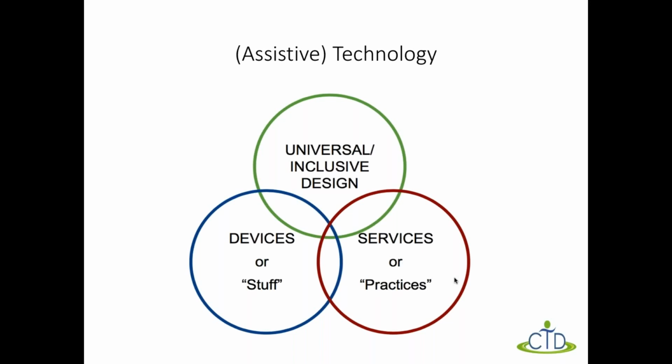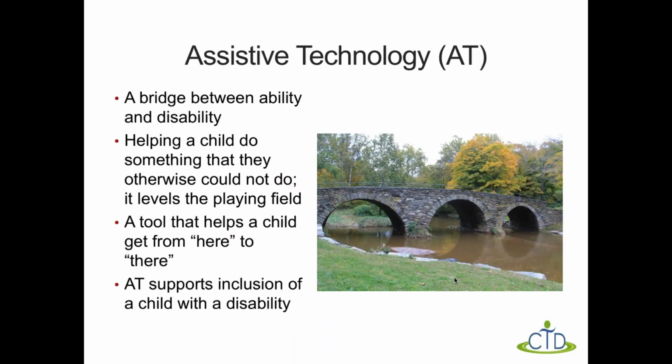And this is a win-win for the disability community because it means the prices of things come down, and technology is much more accessible than it was even just a few years ago.